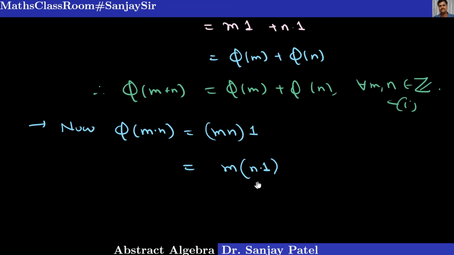Again, this is some element of the ring R. Let me call this element x, where x is equal to n times 1, and this belongs to the codomain ring. 1 plus 1 plus 1, n times, is an element of R. So I will get this is equal to m into x.